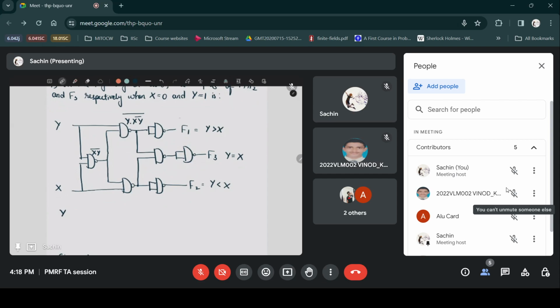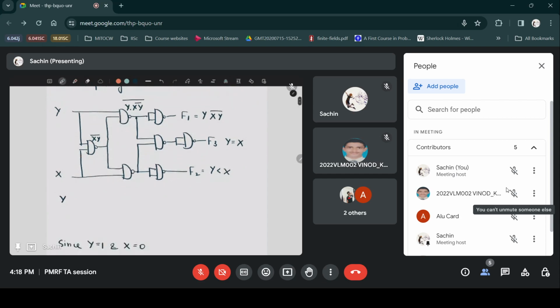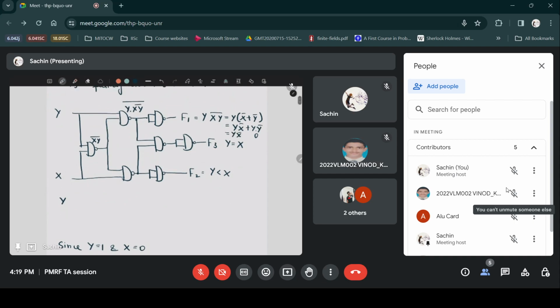So F1 is nothing but y times (x y complement), which is nothing but y into (x bar plus y bar) using De Morgan's laws, which is y x bar plus y y bar, and y y bar is 0, so it is nothing but y x bar.